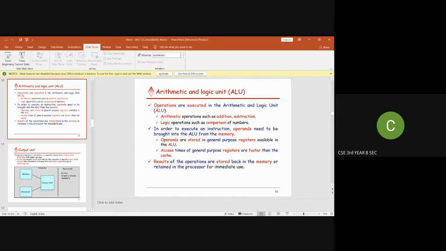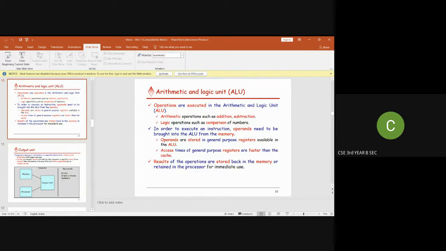The access time of general purpose registers, the GPRs, is faster than accessing the cache. Compared to RAM, cache is faster. Compared to cache, registers are very much faster. So registers are a very small unit.